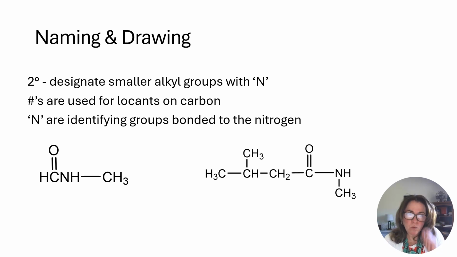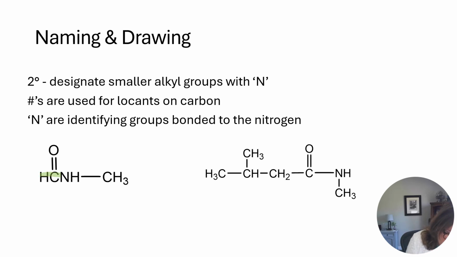All right, so now we have moved on to naming our secondary amides. We're going to designate our smaller alkyl groups with a nitrogen. Numbers are used for locants on the carbon chain, and the N is again used to identify groups that are going to be bonded to the nitrogen. With our first one here, let's identify our two regions.